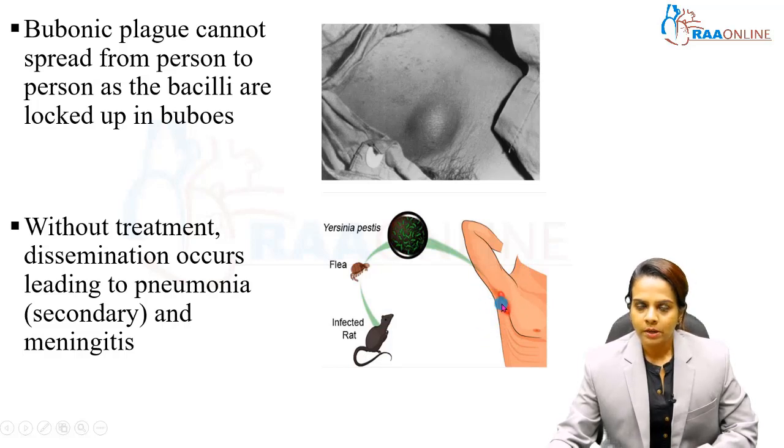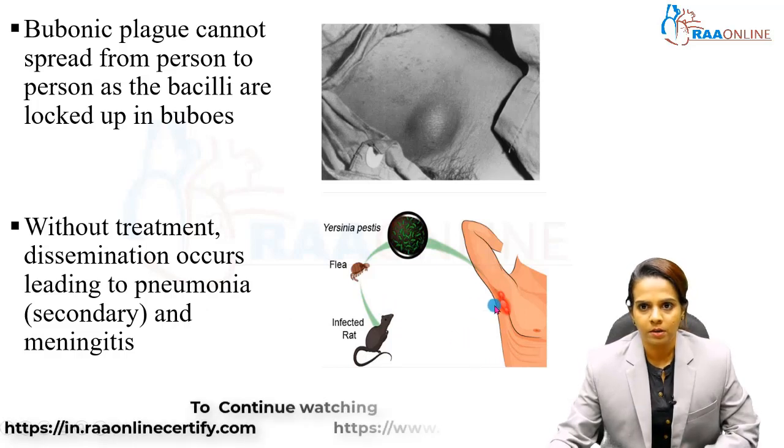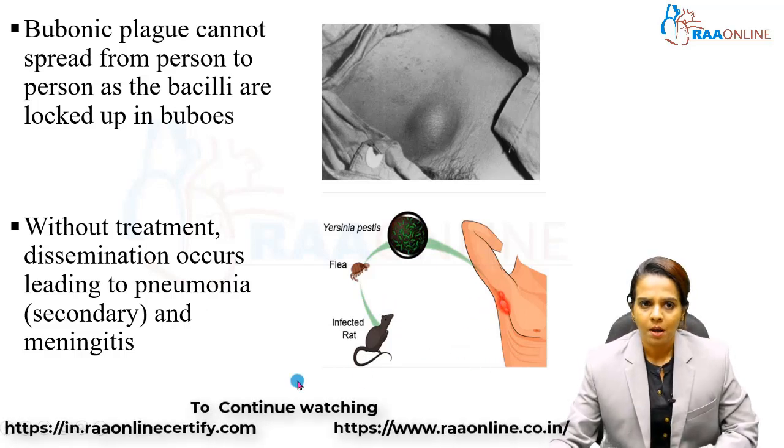And bubonic plague cannot be spread from one person to another because the bacilli are locked up in the buboes. So, without treatment, dissemination occurs leading to pneumonia, secondary respiratory infections can happen, and it can also result in meningitis. So, it has to be treated appropriately.